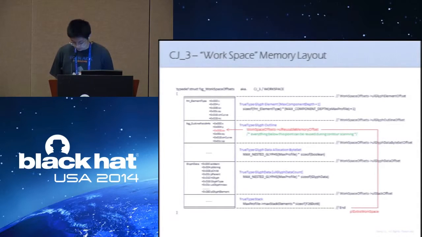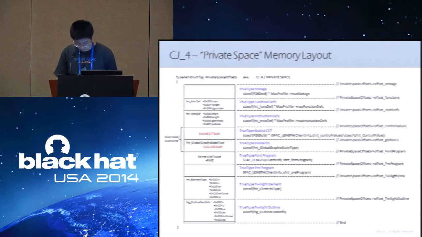It's responsible for the maintenance of basic information of the font engine, for instance, the coordinate description of points of the glyph. And this is the data structure layout of CG_4. It's also called private space, which is the core data structure of the font engine.